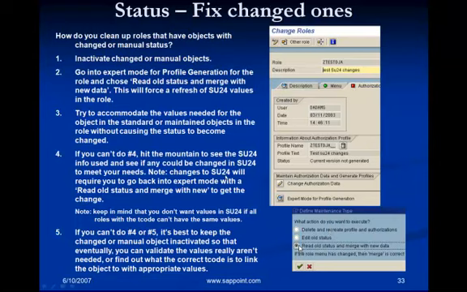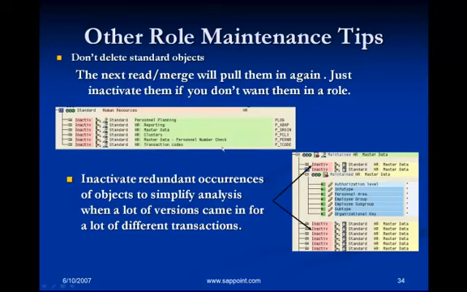Or what you could do is deactivate the objects that are not needed, or the values that are needed, and insert the role object into the role manually and maintain the field values.